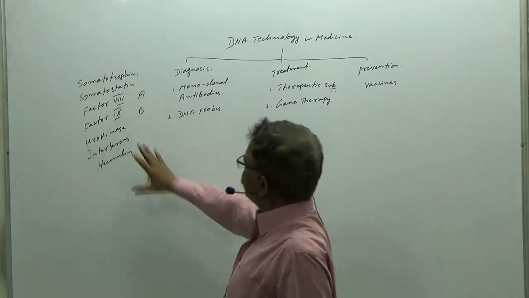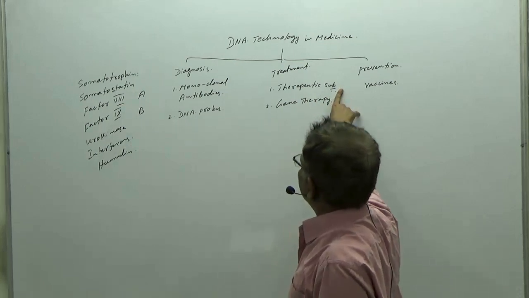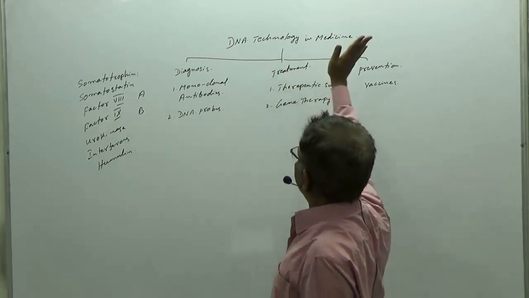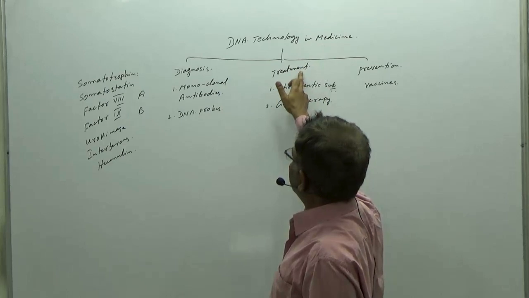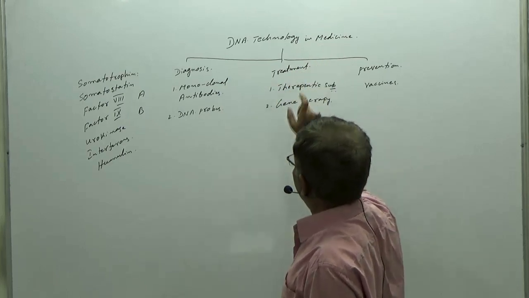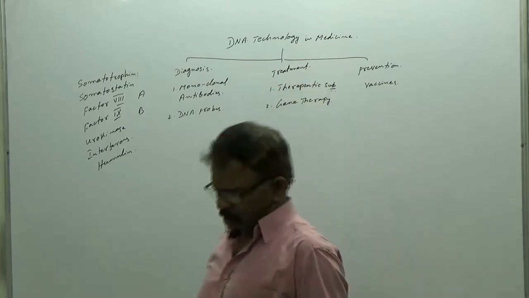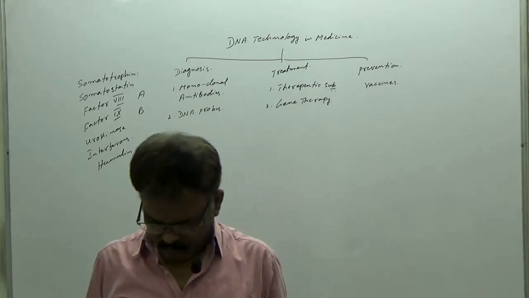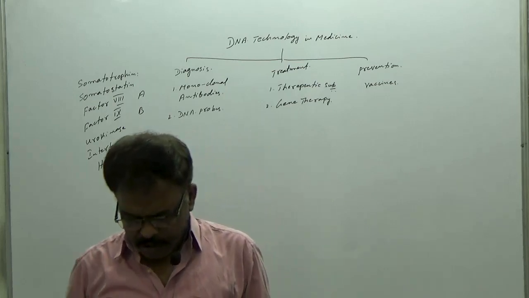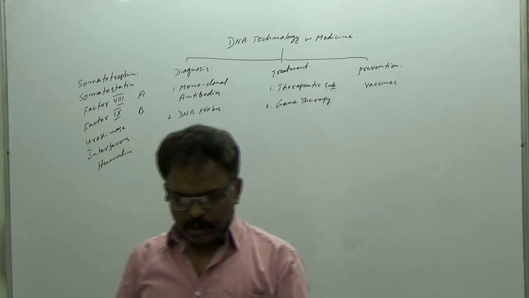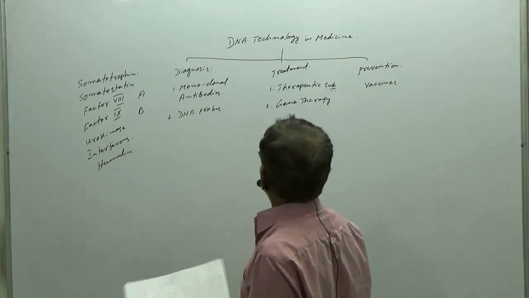So these are all different substances produced in DNA technology, which are useful to treat a particular disease. Then gene therapy. In gene therapy, there are three different types.